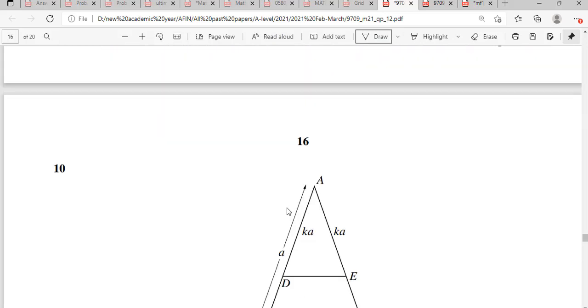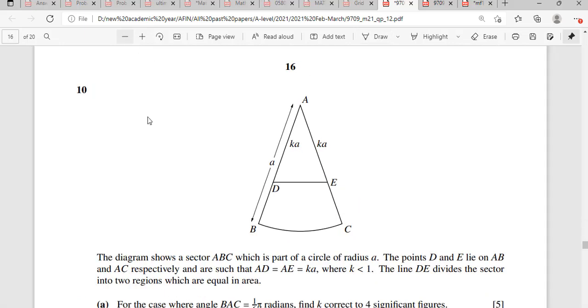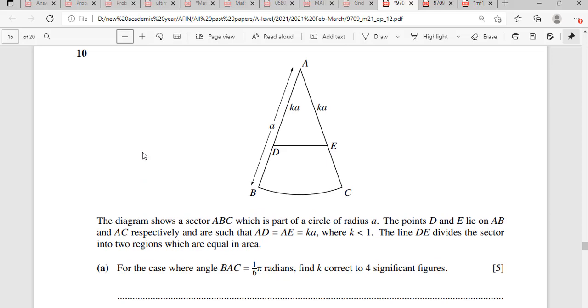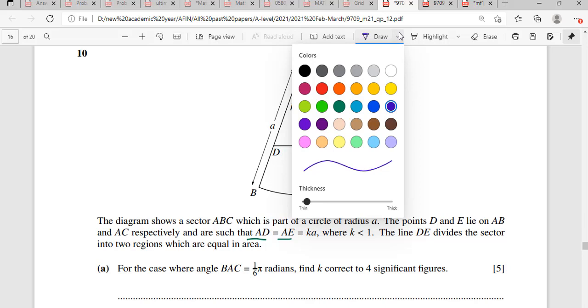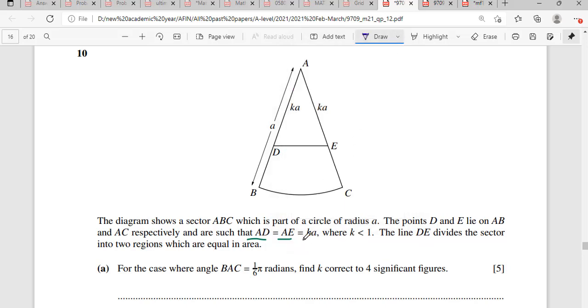Next question is this. It's a combination of algebra and geometry. The diagram shows a sector ABC which is a part of a circle with radius A. The points D and E lie on AB and AC respectively, such that AD is equal to AE in length, and it's equal to KA.